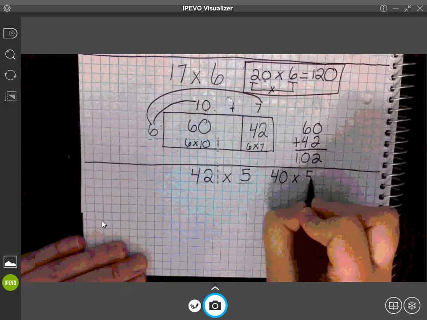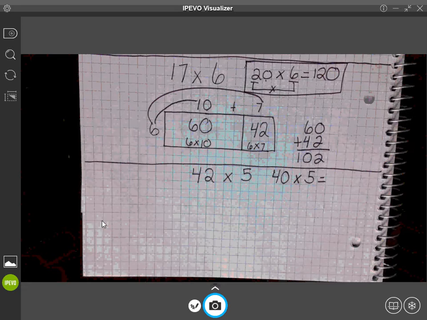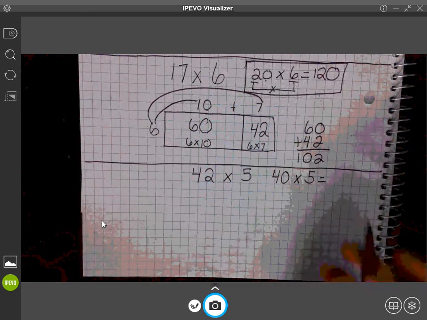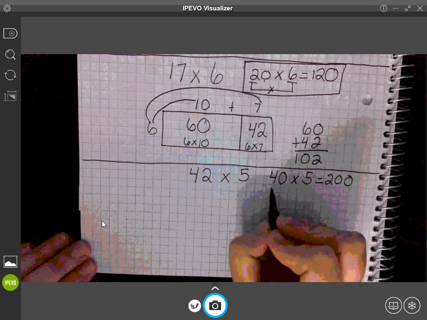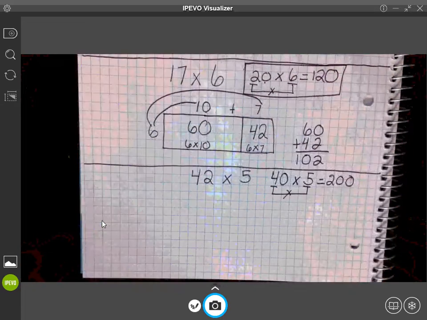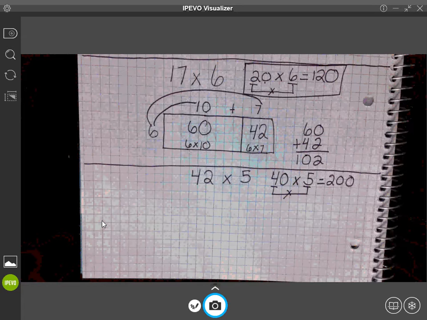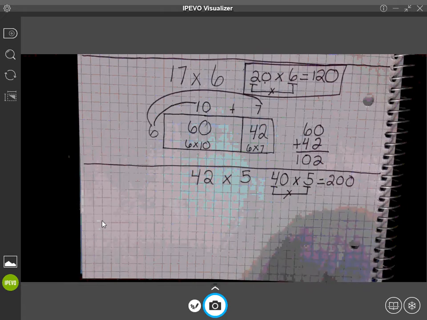So what's the answer to 40 times 5? 200. How did you get 200, sweetheart? Who can help him? Melody. That gives you? From the 40, right.